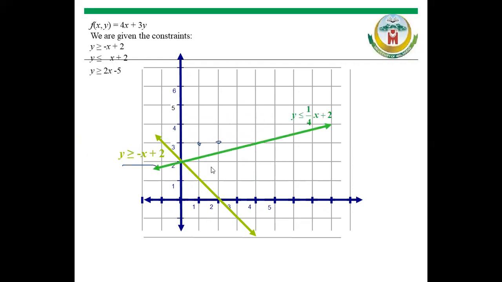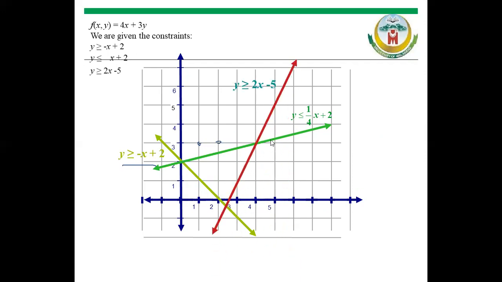So it means that if we are taking this constraint, this is the region of our interest, above this line. Now the second one, y should be less or equal to 1 over 4x plus 2. This is not mentioned here, but let's say we have this constraint, and this constraint represents this region.